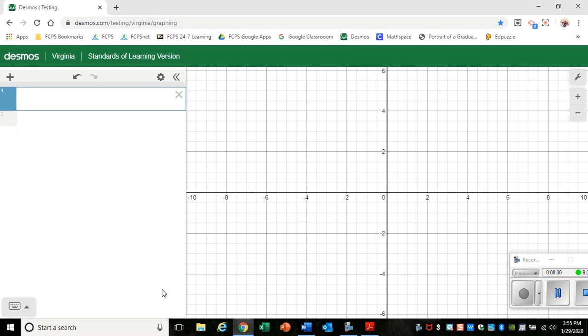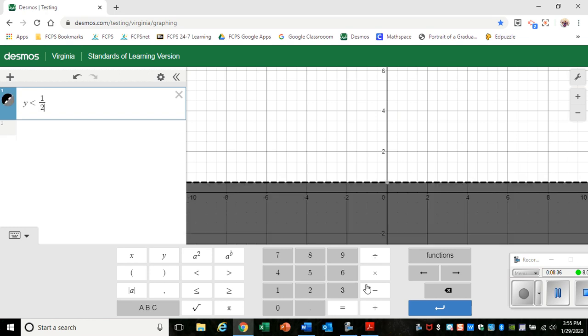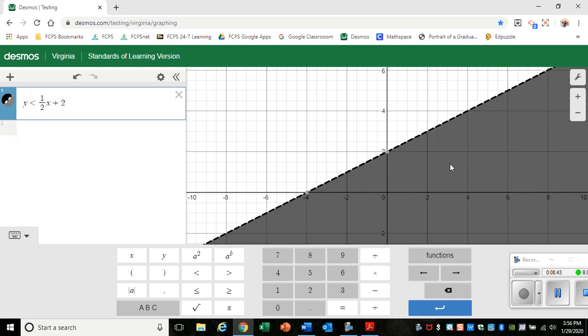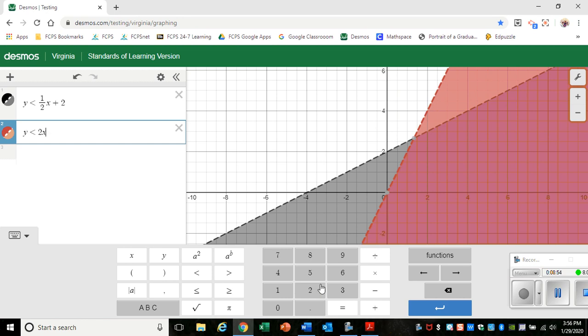So y is less than 1 over 2 x plus 2. And as you can see, it shades for you. This is the graph for that. And the next one is y is less than 2x minus 1.